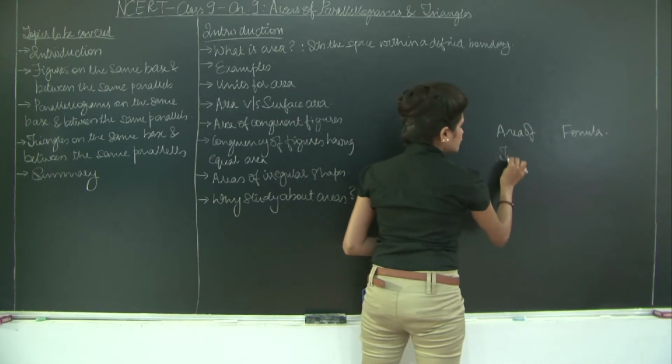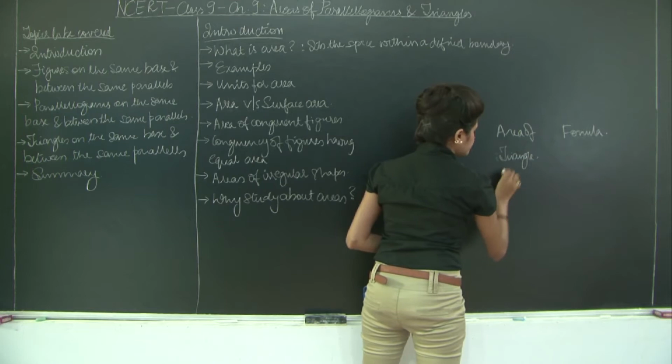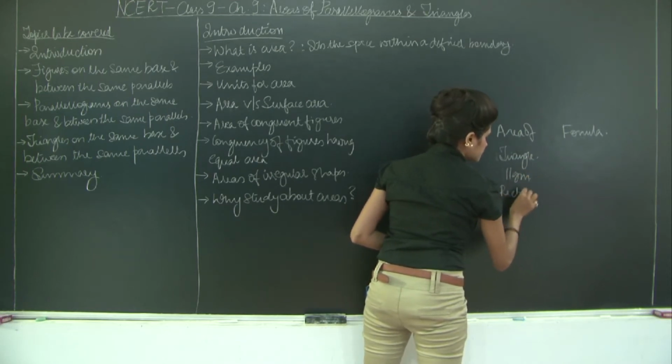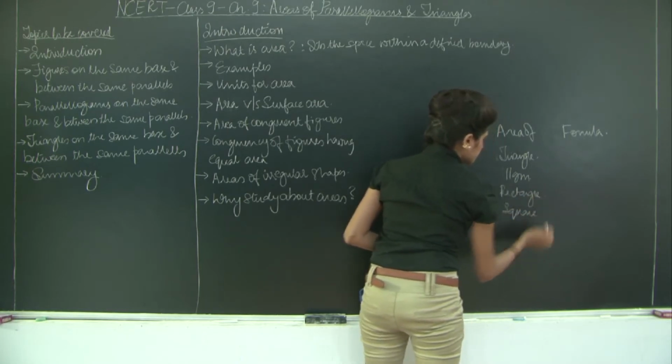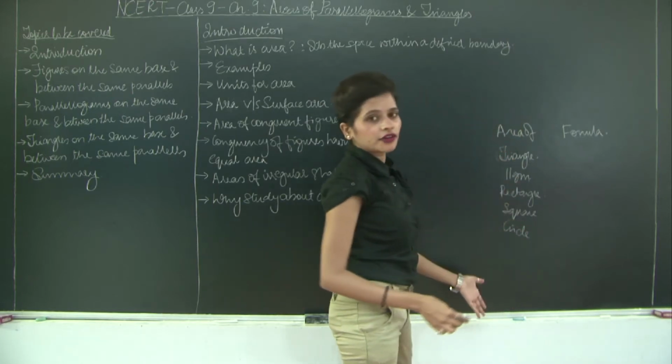We have area of triangle, then parallelogram, rectangle, square, circle, right? We are aware of the formulas for these.